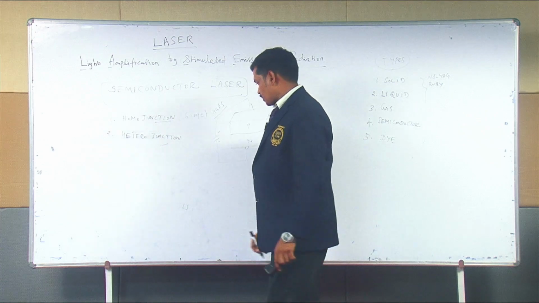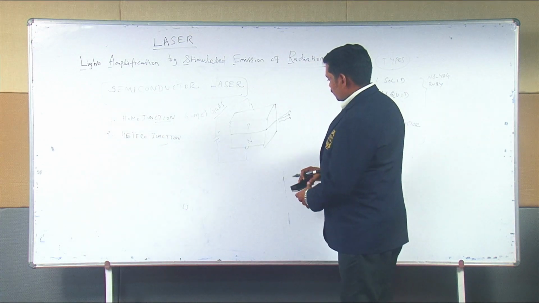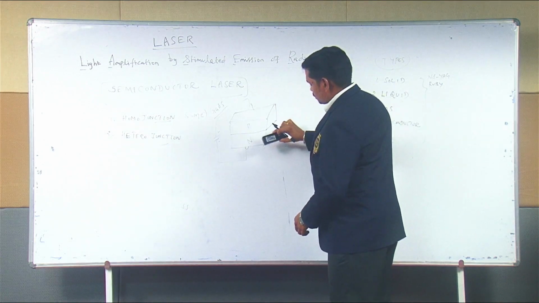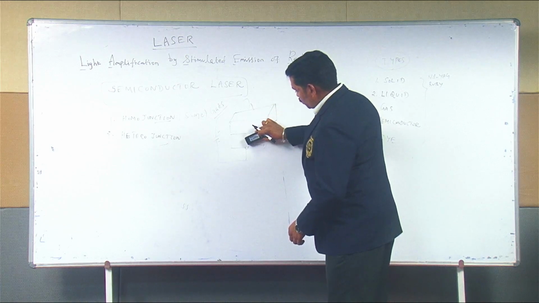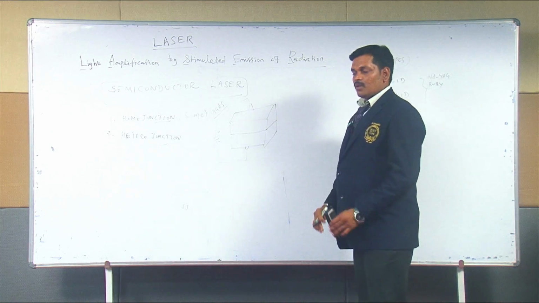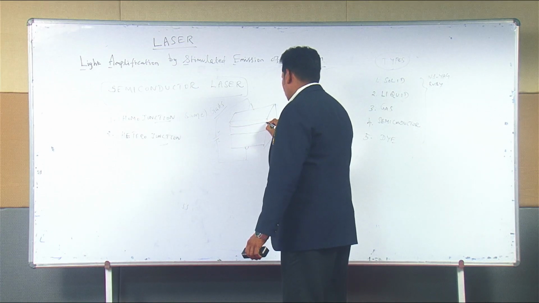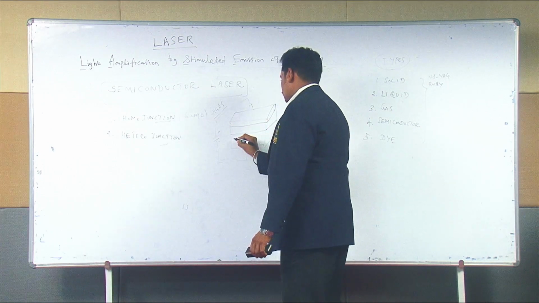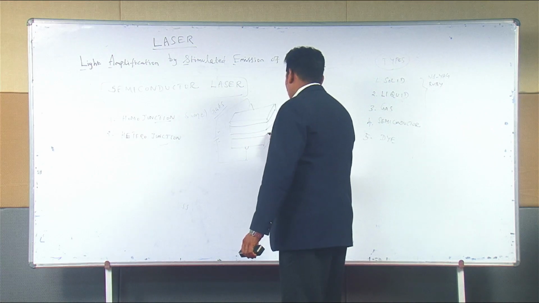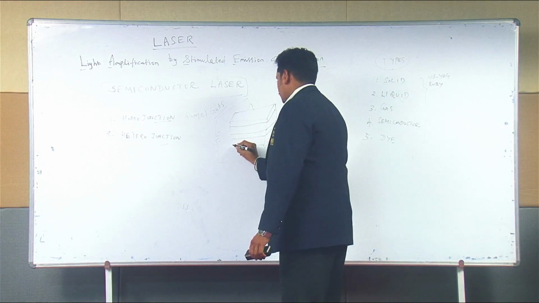semiconductor laser. In the heterojunction semiconductor laser, the only change is that instead of two regions, we have to use different regions. There are 5 regions in the heterojunction semiconductor laser.